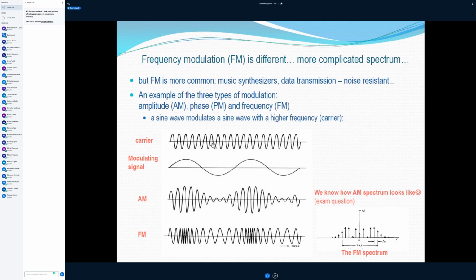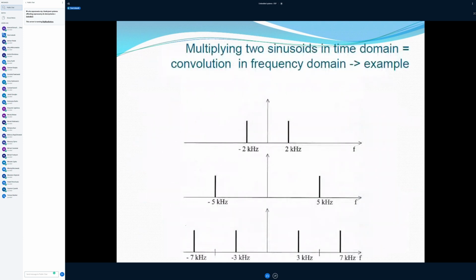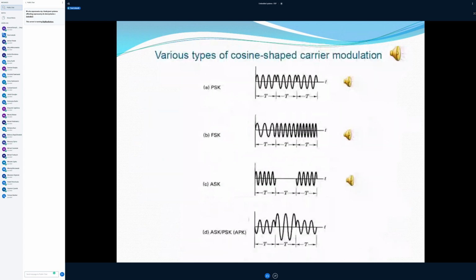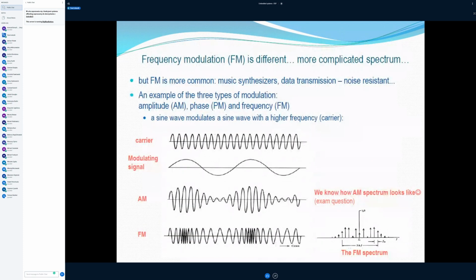Someone could think that if we deal with two sinusoids, it will be as simple as it was a few slides ago. But no, since we modulate the frequency, in each moment we have a completely different signal. On the other hand, those changes are periodical.